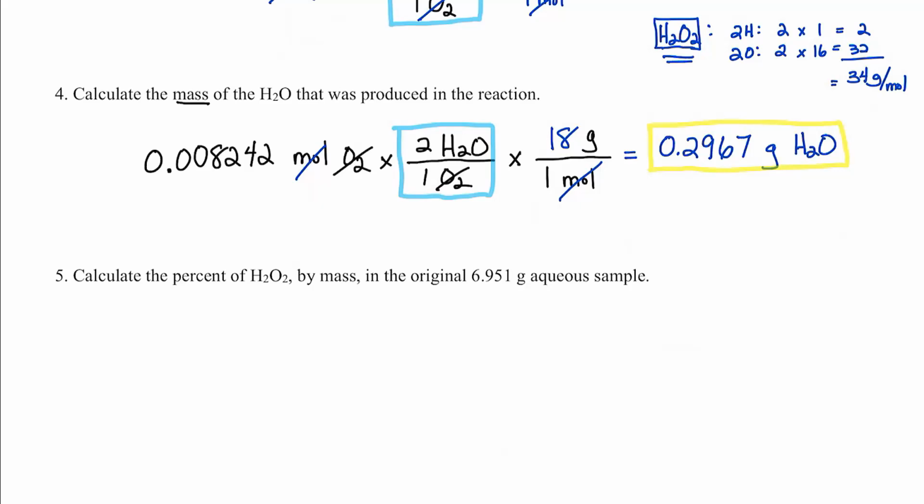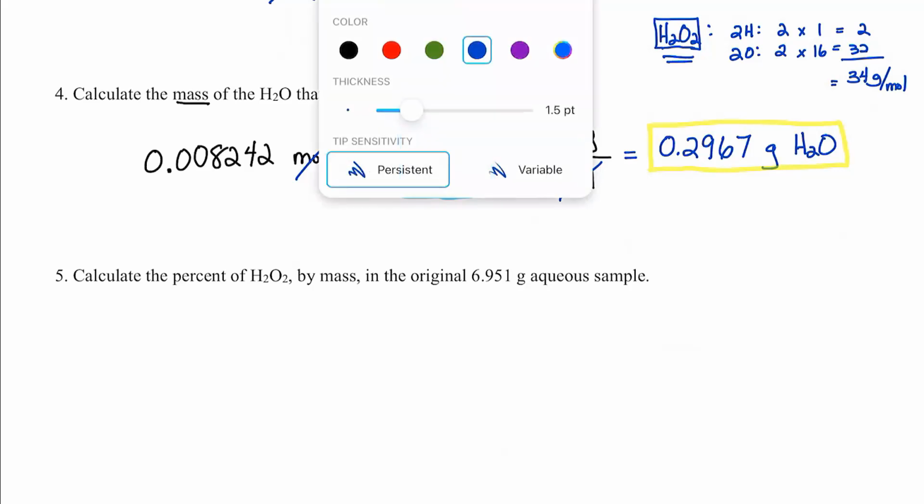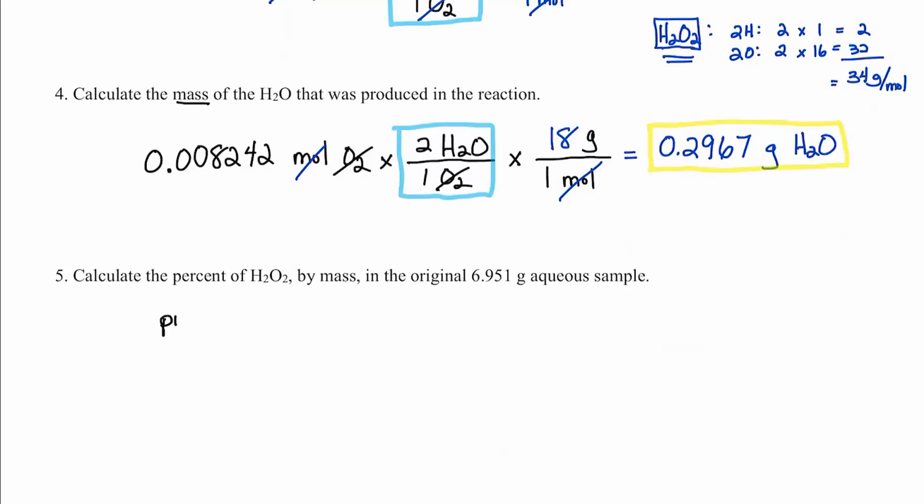Now we know that anytime you do a percent, okay, it's a part over total times 100, my friends. And what we know is the total is going to be 6.951. We're finding the percent by mass. So that's the gram total of the solution of the aqueous sample that was in that beaker.